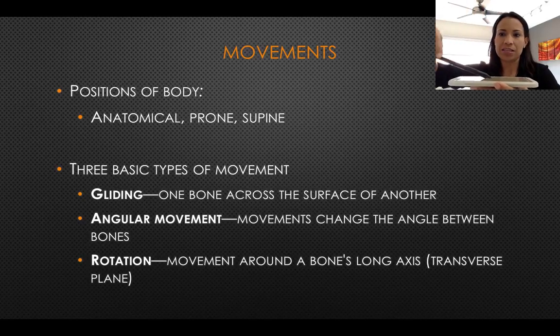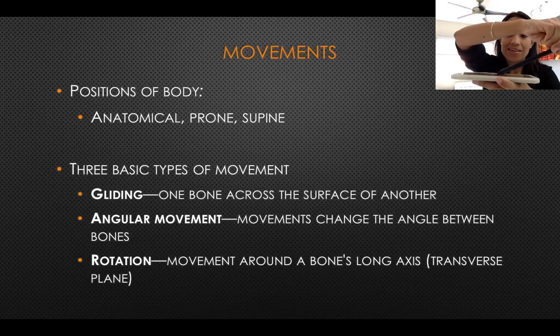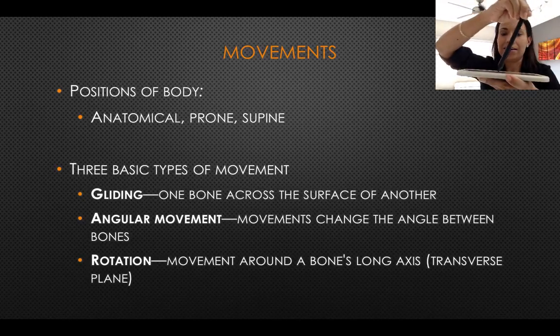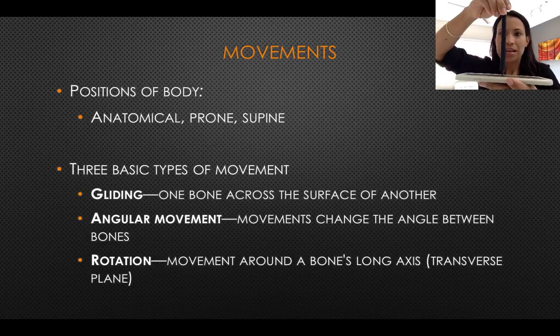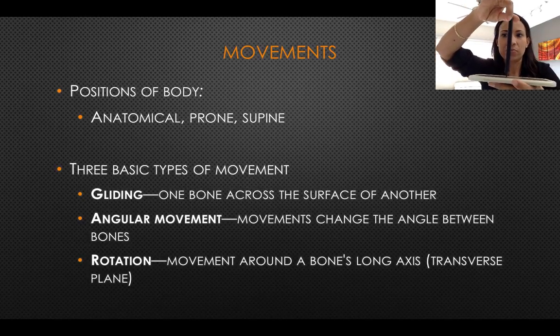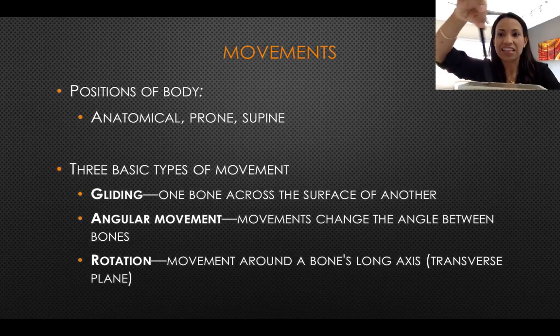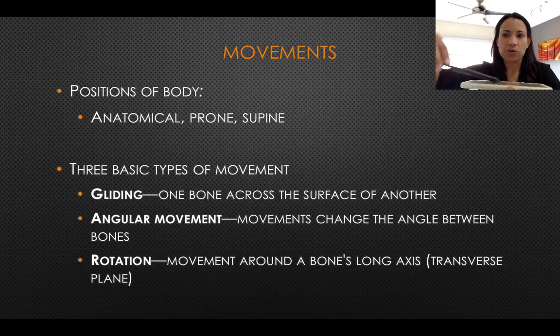Here you decrease it, you're increasing from the standard anatomical position, and you can pass this, and this is increasing the angle. Now, if you turn, I hope you're seeing that I am turning the pen on top of the surface. This is rotation in the longitudinal axis of the body. And if I do this, this is gliding. So gliding, rotation, and angular movement.